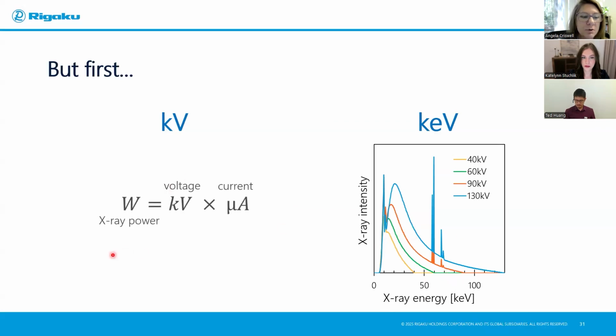In general, a CT instrument is characterized by the maximum X-ray power it can achieve. The power is equal to whatever voltage you're using, in this case 40 to 130 kV, times the current, and that's usually expressed in either micro or milliamperes, depending on the instrument. So keep in mind the difference between these two as we go through the next few slides.